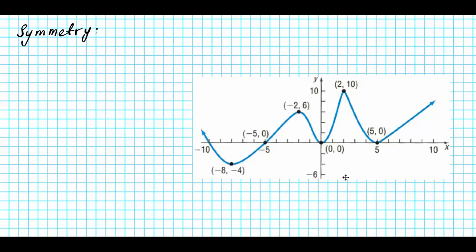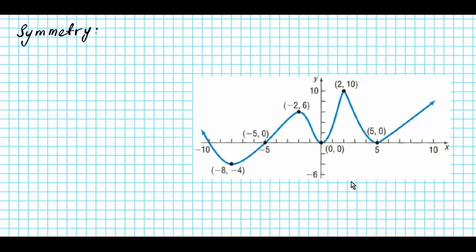If it's even, then it will be symmetric about the y-axis. So what does that mean? It means that if we reflect the right side of the graph across the y-axis, we'll get an identical image on the left side. So if you have a paper, one thing you can do is simply fold the paper down the center, and if they are two identical pieces, then it's even.